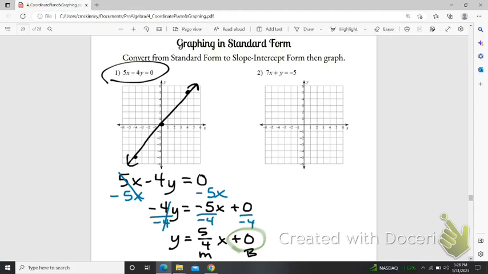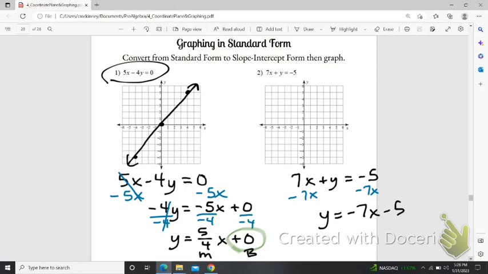Sometimes there's only going to be one step, because if you look at this next one, 7x plus y is equal to -5. I'm going to move the x's over, right? I'm going to do minus 7x. So then I have y is equal to -7x minus 5.